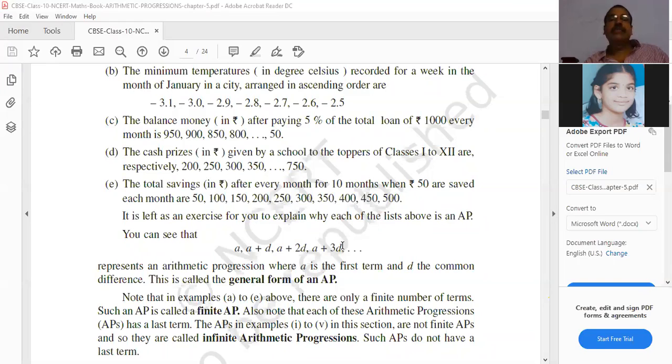Like that, an means a plus n minus 1 of d. That is the general form of the nth term of an AP.